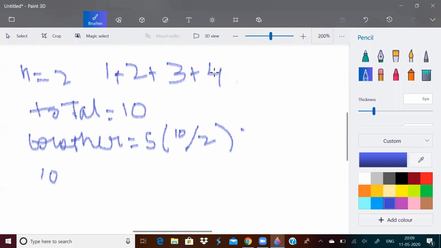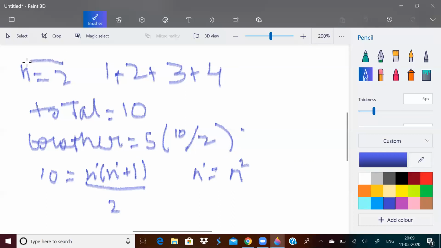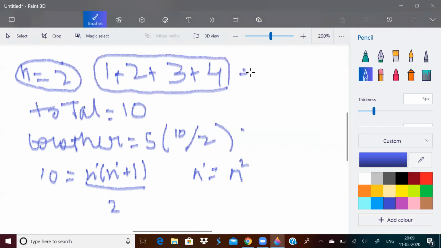This is the same as the formula n into n plus 1 by 2. But over here, this n, let me say n dash. Here n dash is equal to n square. Let me remind you, n is given as 2 here, but the number of terms are n square, which is 4.